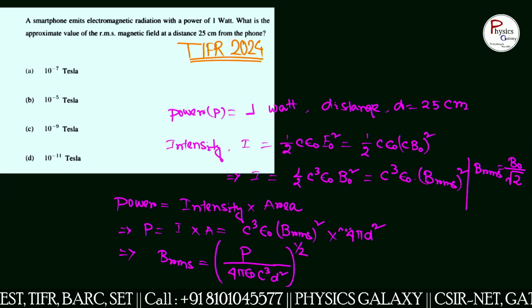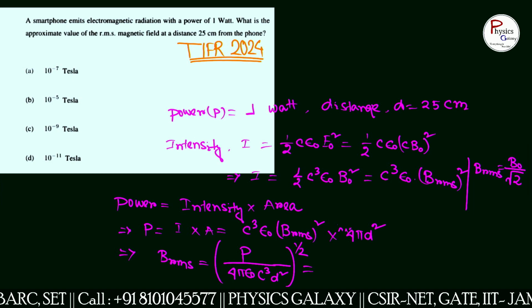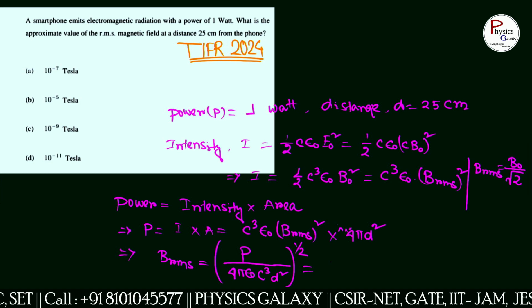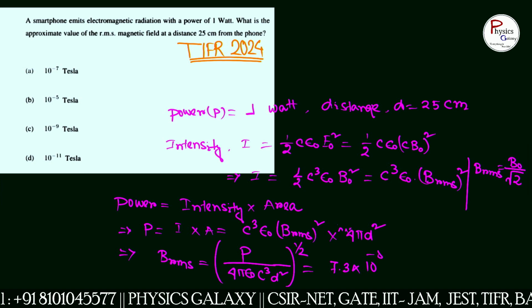After calculating this value, we get 7.3 into 10 to the power minus 8 Tesla.